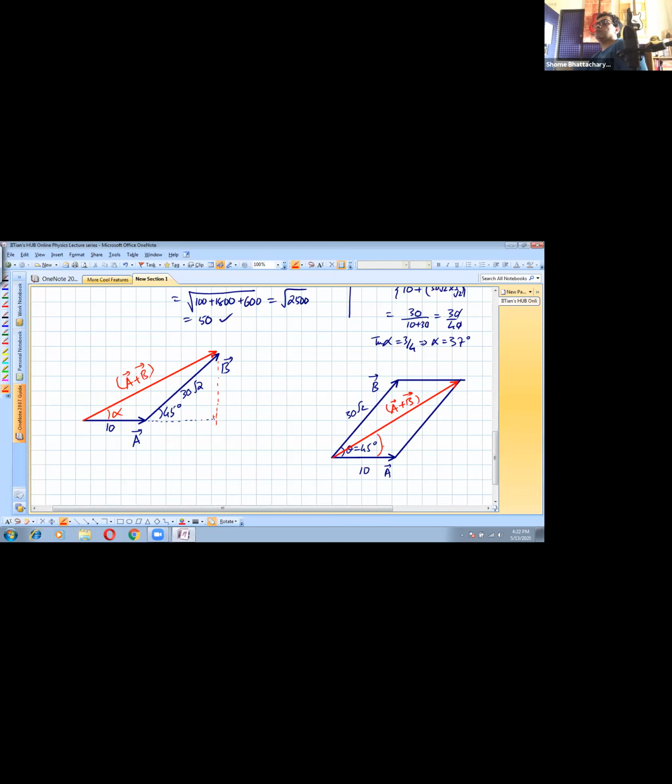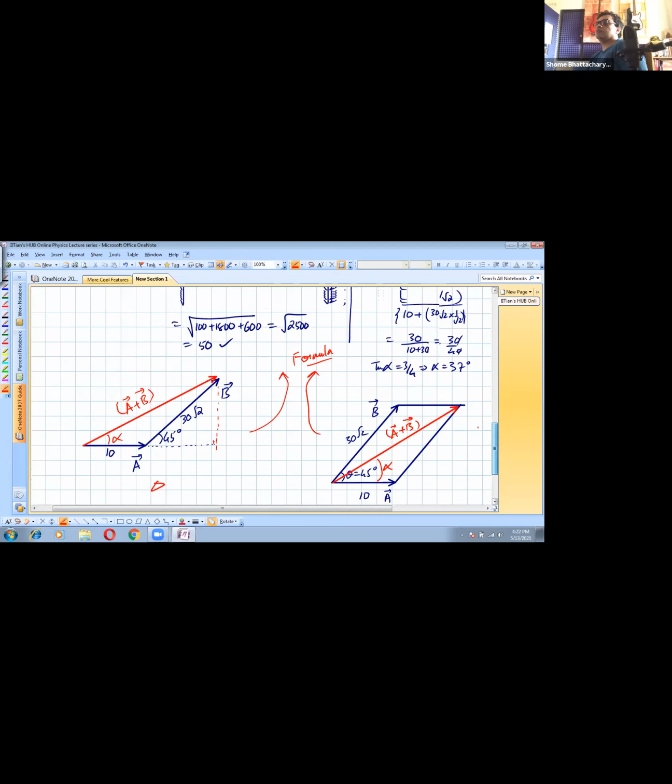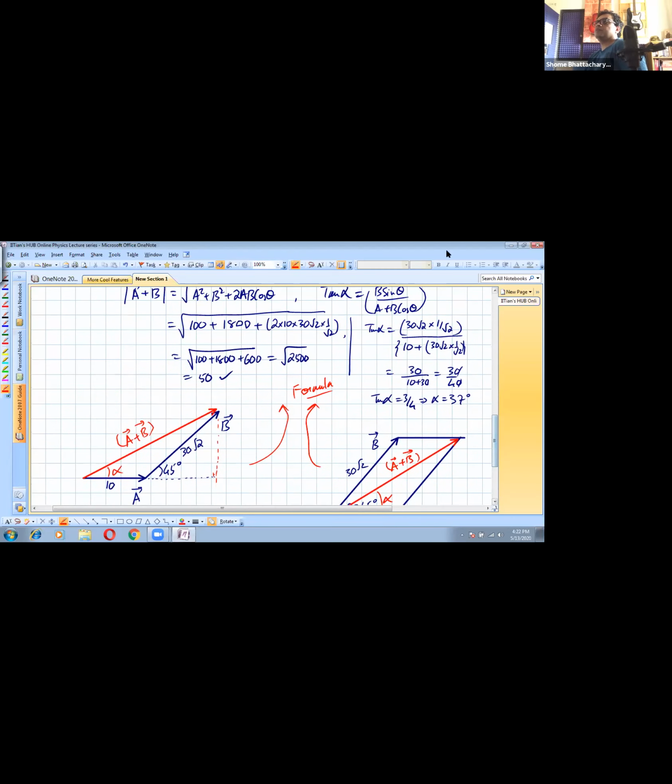This angle here would be your alpha. But the point is the formula would be the same. If we do the vector parallelogram or the vector triangle, in both of these the formula would be the same. Use the same set of formula. Okay. So this is just briefly the geometrical approach for doing this question.